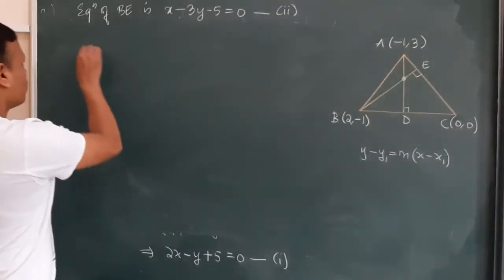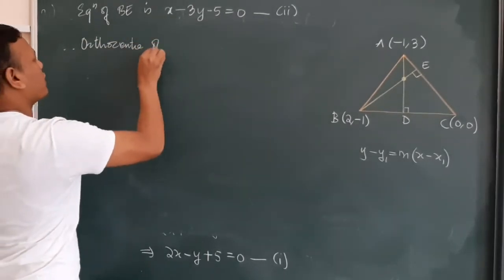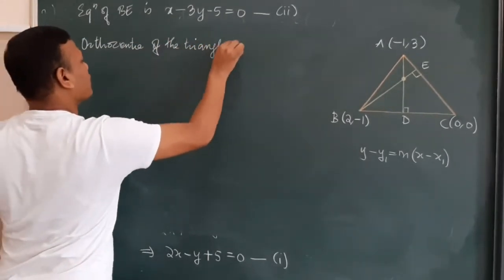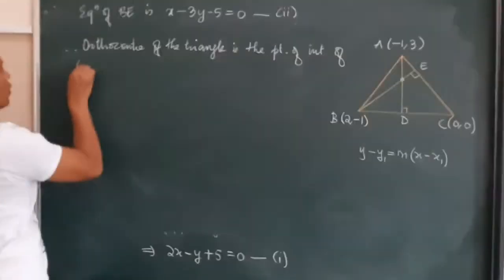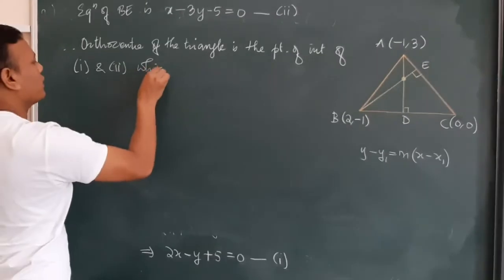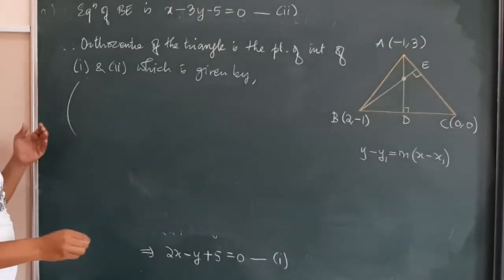Okay, so therefore the orthocenter of the triangle is the point of intersection of 1 and 2, which is given by, so the formula says B1 C2.